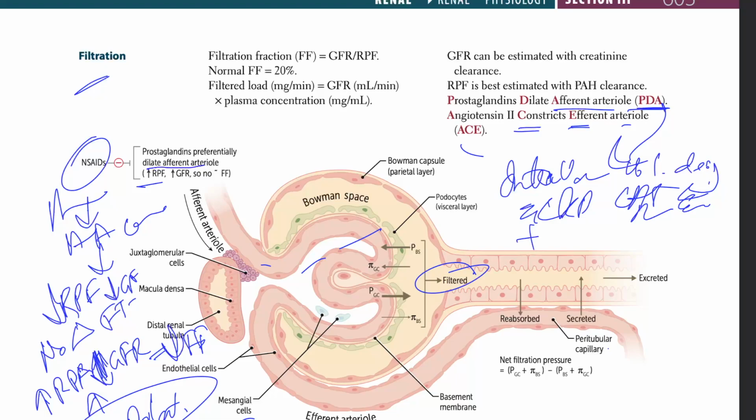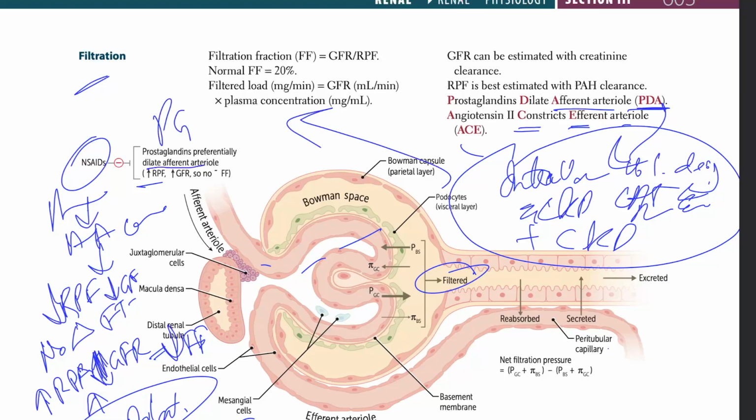On top of this you have CKD, which is chronic kidney disease. In these patients, they need prostaglandins, because prostaglandins are needed to maintain their GFR. If you were to give NSAIDs, it would inhibit all of this, which would lead to pre-renal azotemia.